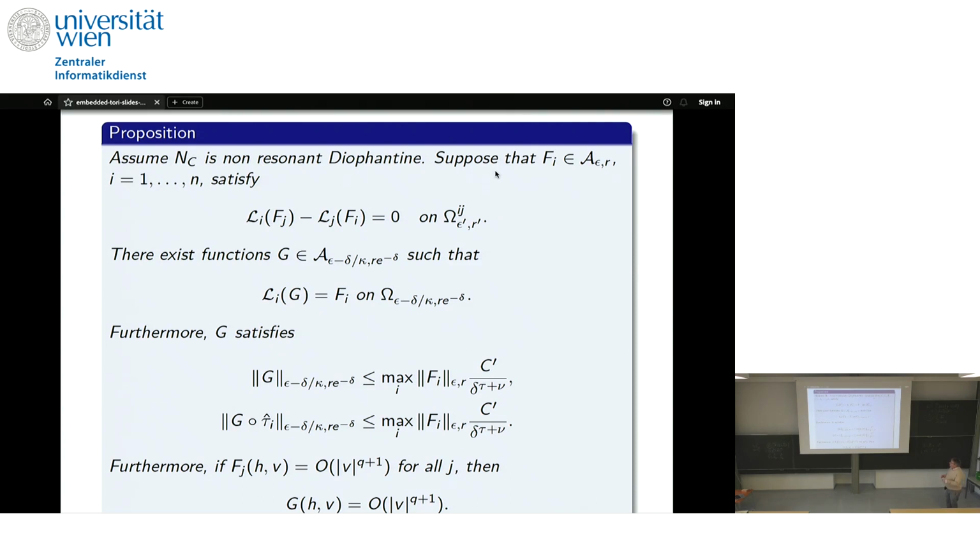Okay, so you have a way to define a common solution when you have a compatibility condition, but you have to shrink a little bit some amount. I didn't say that delta should be in such a way that epsilon minus delta over kappa is positive.